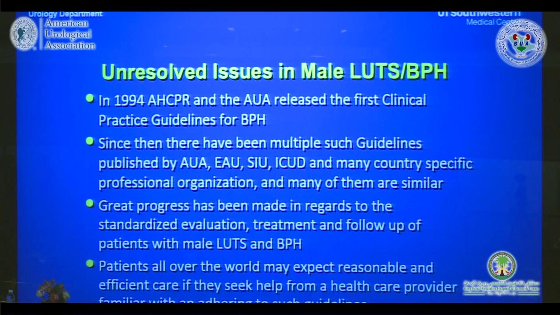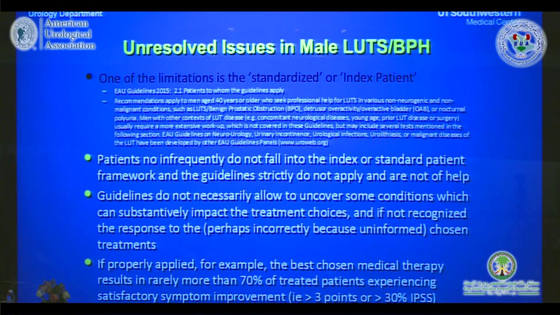One of the problems dovetails with what I just said. I said I don't follow the guidelines in every respect, and I admit that. The problem with the guidelines is they're great in terms of giving some general guidance for the treatment of patients, so that everybody can expect a reasonably similar evaluation and treatment around the world. But they always have the standardized patient, the index patient.